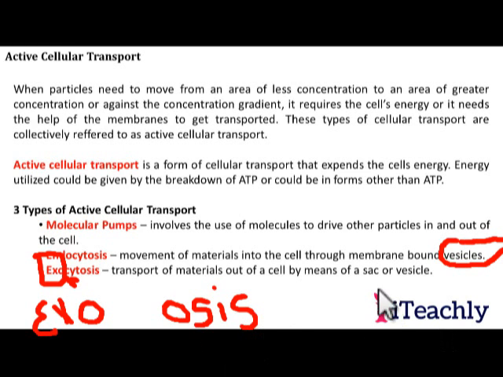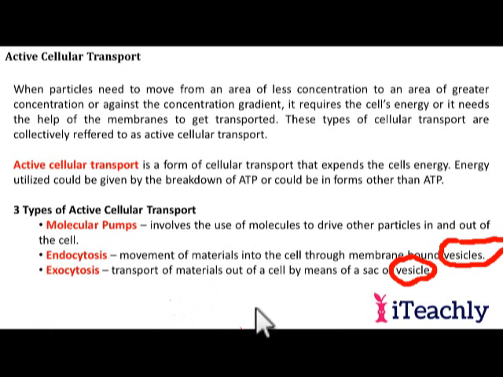Endocytosis, movement into the cell. Exocytosis, movement out of the cell. And again, when we're doing exocytosis, just like endocytosis, we have to use these little sacs that are called vesicles. Vesicles are these little sacs.